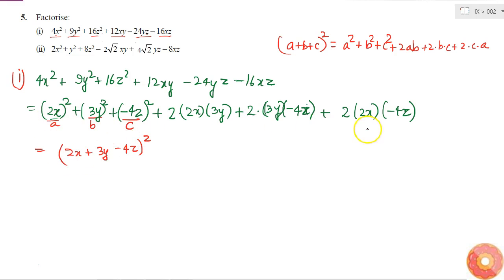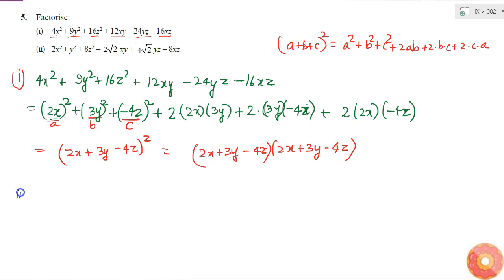Because this is the same as my RHS, it should be equal to my LHS, that is (a plus b plus c) whole square. a is 2x, b is 3y, and c is minus 4z. So the sum of these three, whole square, which I can write as (2x plus 3y minus 4z) into (2x plus 3y minus 4z). Okay, so this is my factorization of the first term.